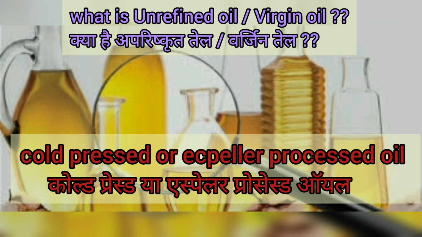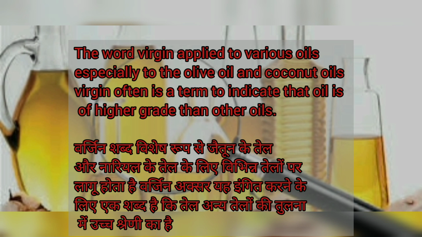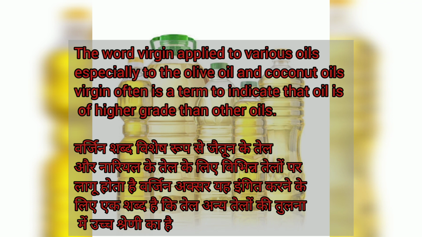These are cold pressed and expeller pressed oils. You may also see the word virgin applied to various oils, especially olive oil and coconut oil. Virgin is often a term to indicate that the oil is of a higher grade than other oils.